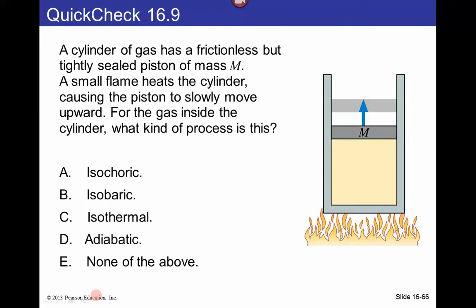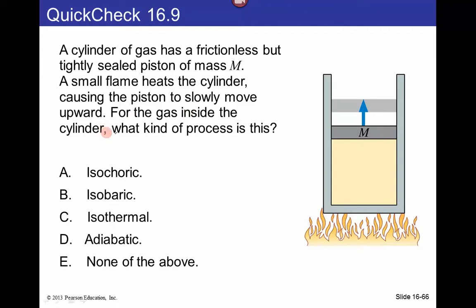So let's look at a question here. We have a cylinder of gas and there is a frictionless piston here, but it's sealed tightly so the gas cannot escape. And then you have a small flame that is heating the cylinder, causing the piston to slowly move upwards. So the piston is moving upwards as you heat.